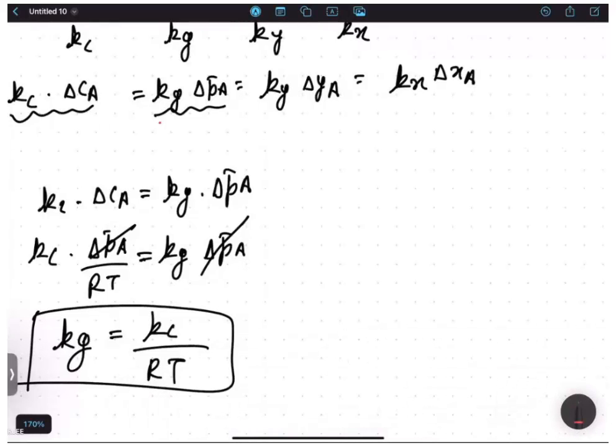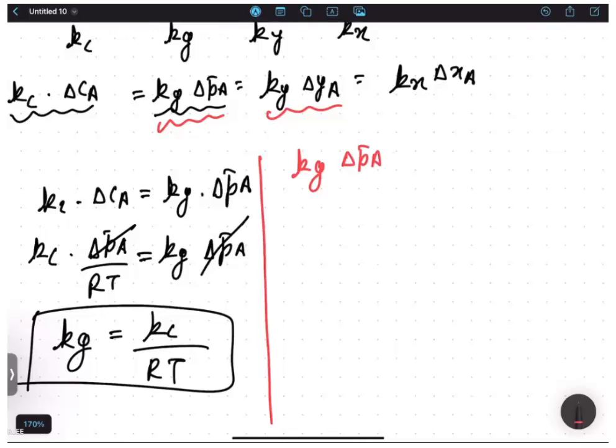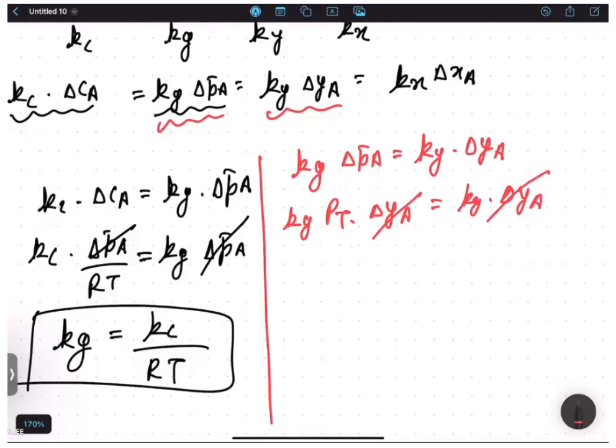Now suppose you want to take this one and this one. So let us take it. You will get Kg into delta Pa bar equal to Ky into delta Ya. Okay. You can write this as PT into delta Ya. That will be equal to Ky into delta Ya. So delta Ya will cancel out. You will get Kg into total pressure, and that is equal to Ky.